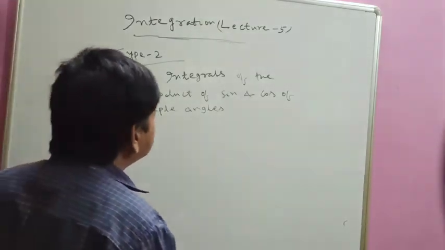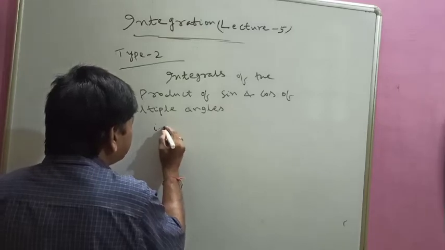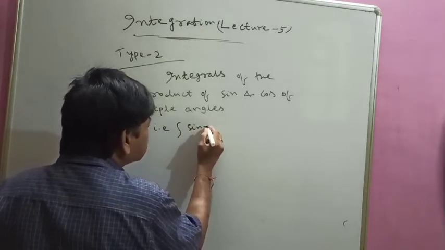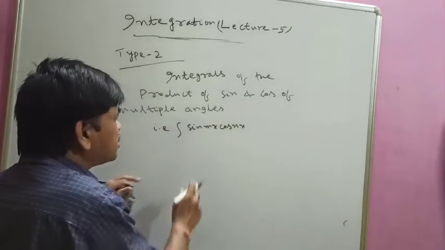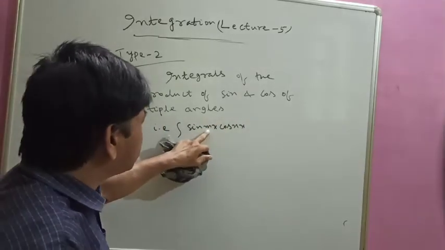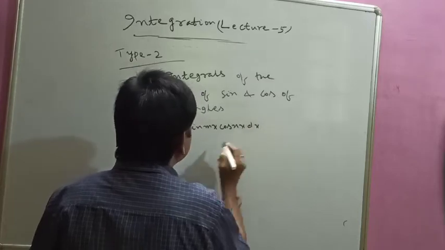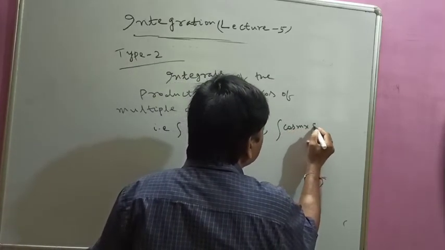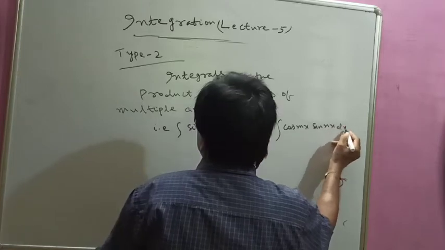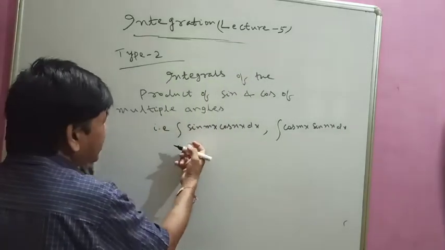So how can I do this? That is, you see, integration of sin mx and cos nx. So here is multiple angle. Let's suppose I say sin 5x and cos x. So here is the multiple. Or you may have integration of cos mx into sin nx. So that is to find integration of these.